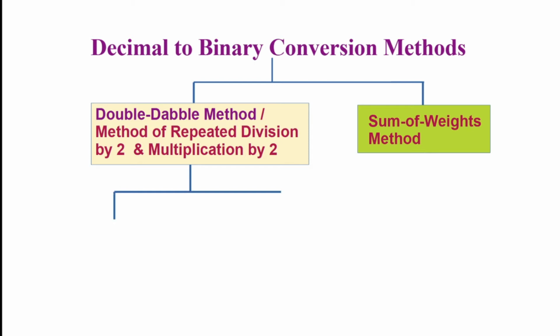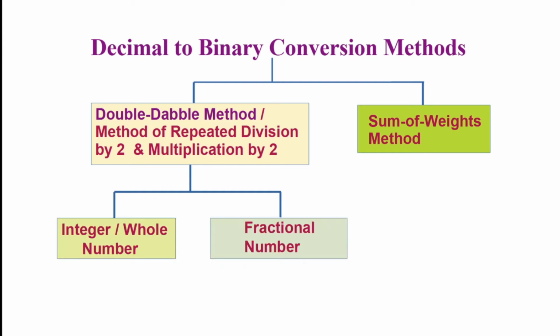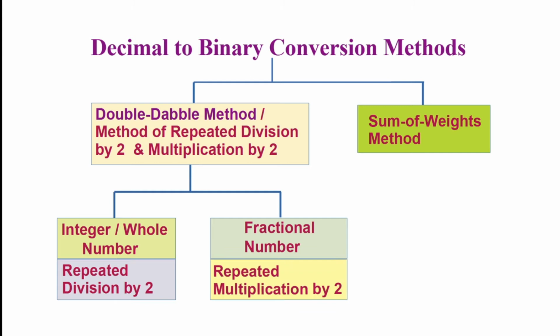In case of double method, we have to verify the number is an integer number or a fractional number. If it is an integer number, then the repeated division by 2 is to be followed, and in case of fractional number, the repeated multiplication by 2 is to be followed.